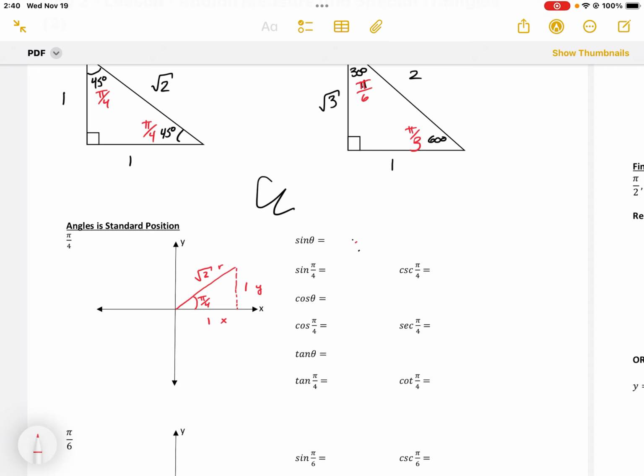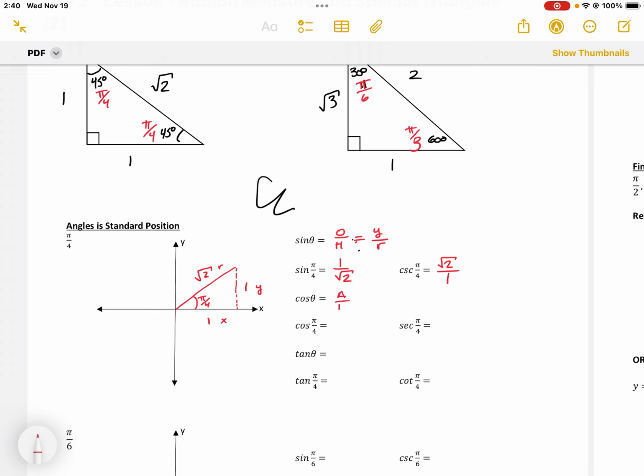Since sine is opposite over hypotenuse, we can also denote this as y over r. So that means that the sine of pi over 4 is 1 over root 2. Our cosecant of pi over 4, our reciprocal trig ratio, is the reciprocal of that.